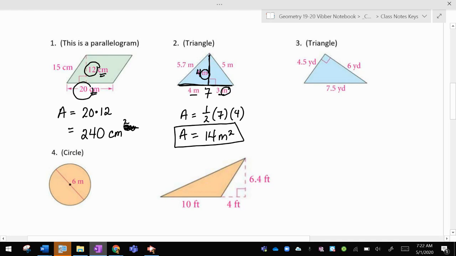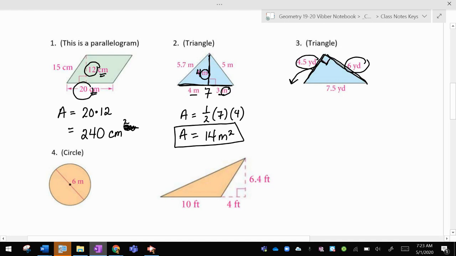Okay. And then next, I have another triangle, base times height. My base is 7.5 and my height is right here. Darn it, they didn't give me the height this time. That's okay though, because in a triangle, you can turn it and make anything the base, anything you want. If we turn this triangle, or actually just turn our head, I bet I could turn this triangle like that so that the 4.5 is the base and the 6 is the height, because I already have a perpendicular.